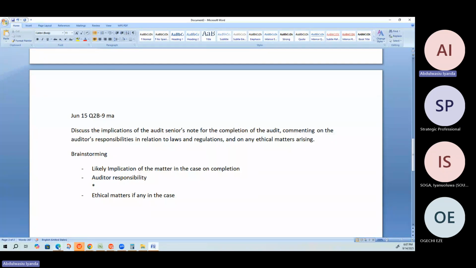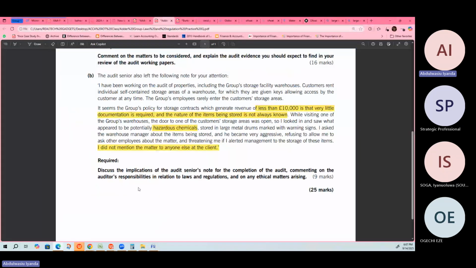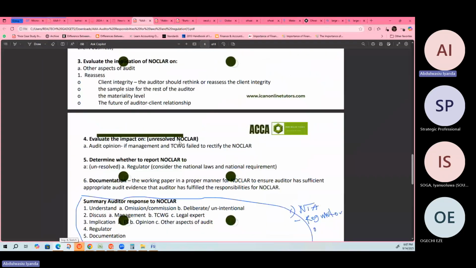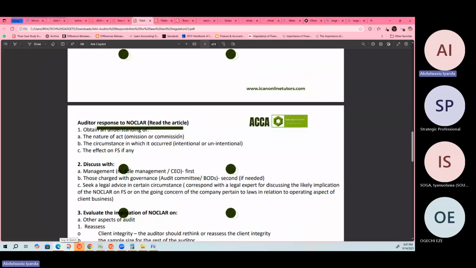You investigate. This is the guide. You need to first of all, as the auditor, understand the laws and regulation applicable to the group.